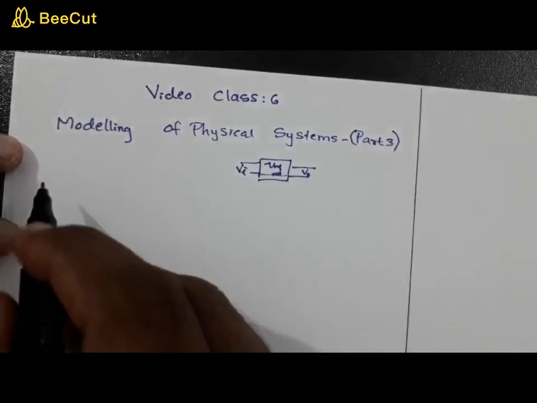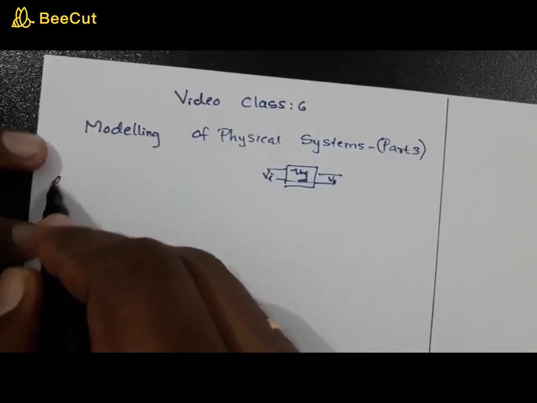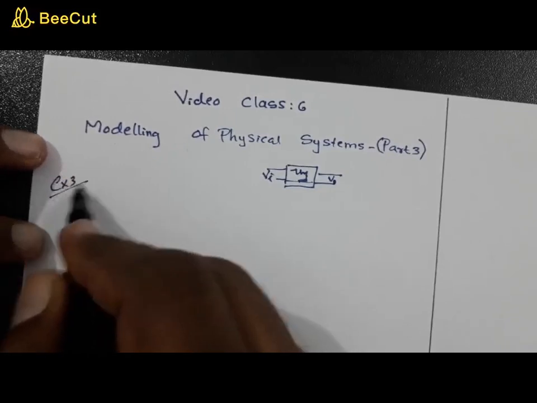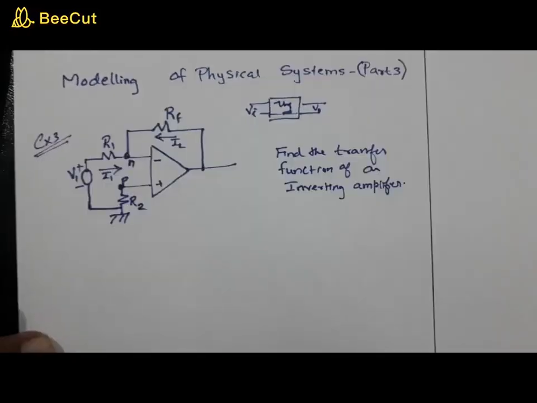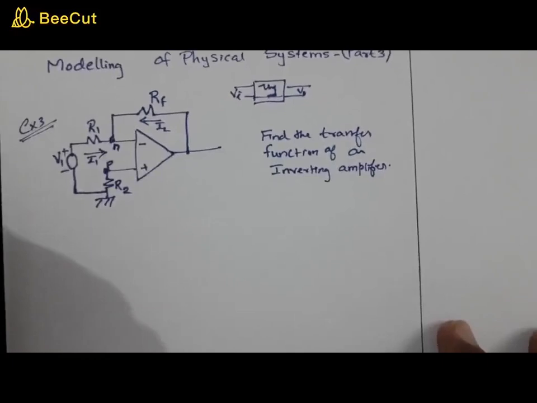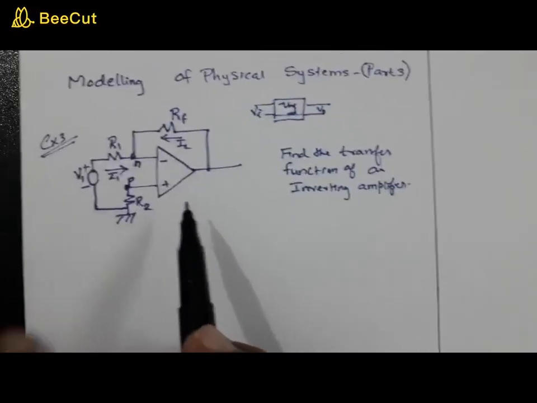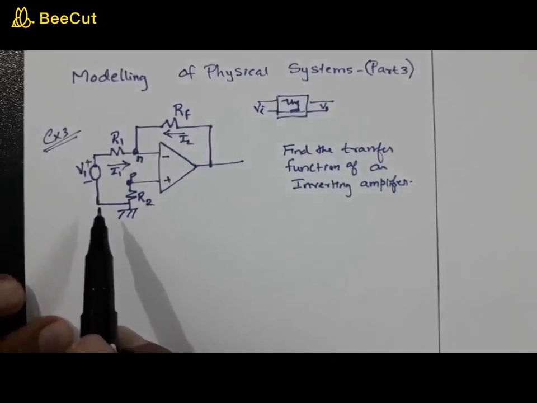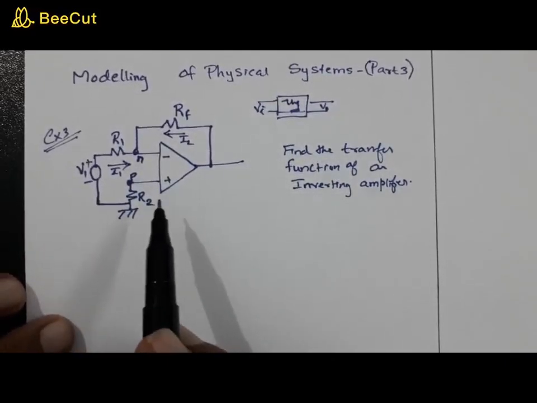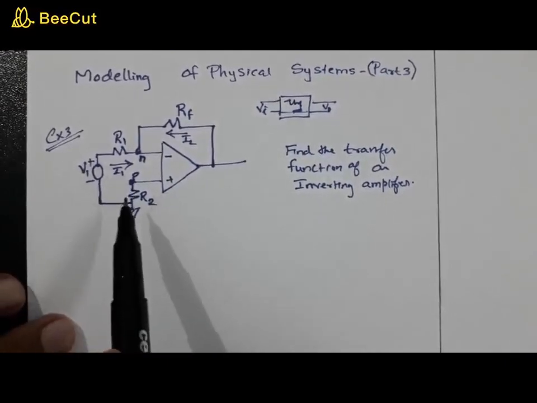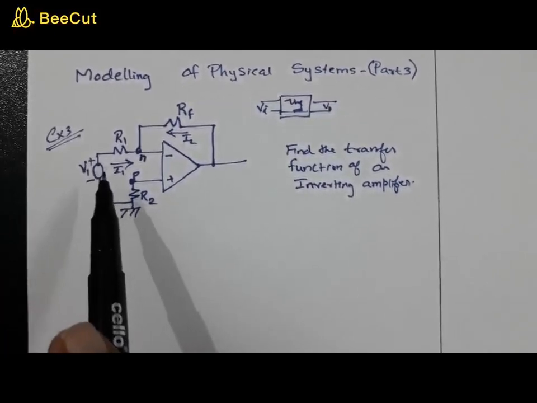Okay, now let's move on to one more example. Example 3. The question is, find the transfer function of an inverting amplifier as shown. You are very much familiar with this inverting amplifier, as you have studied in op amps and linear integrated circuits.